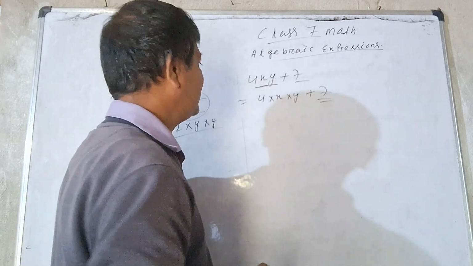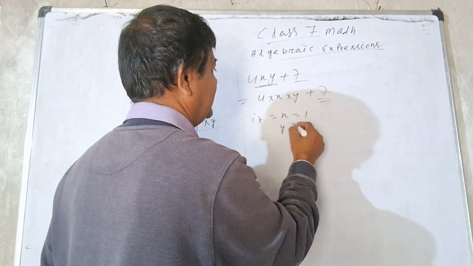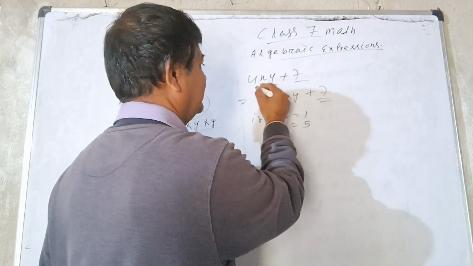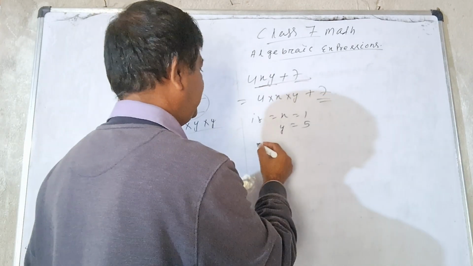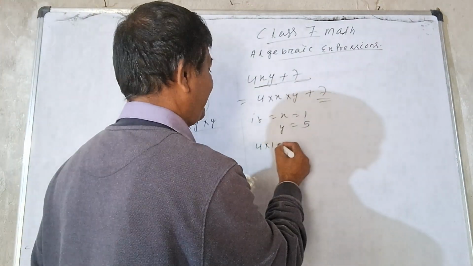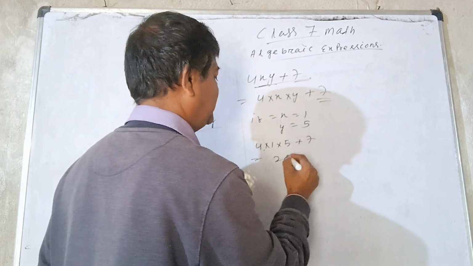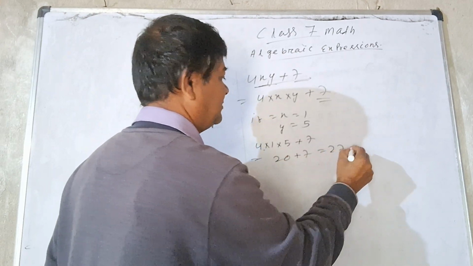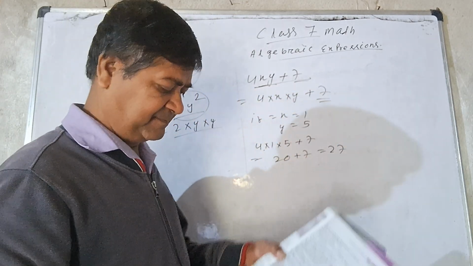If x equals 1, y equals 5, then this expression 4xy plus 7 will be 4 into 1 into 5 plus 7, 4 into 5, 20, plus 7. The answer will be 27. It is an algebraic expression.